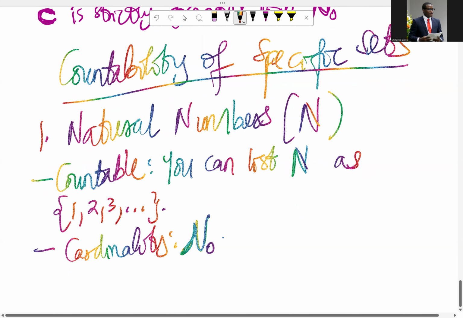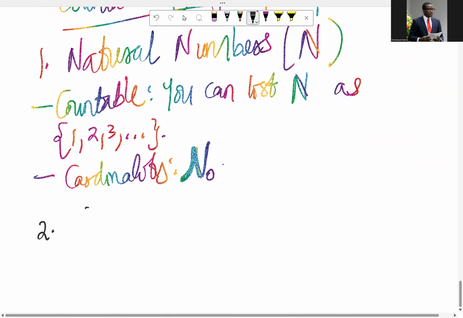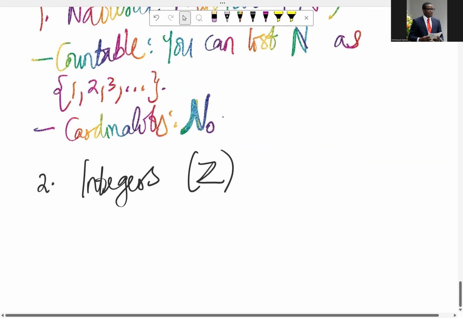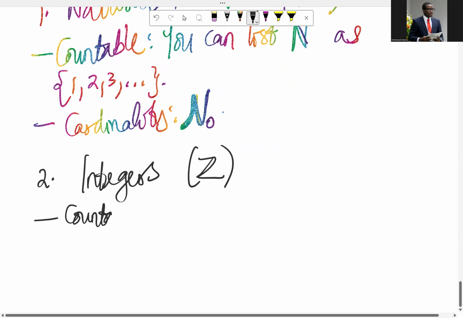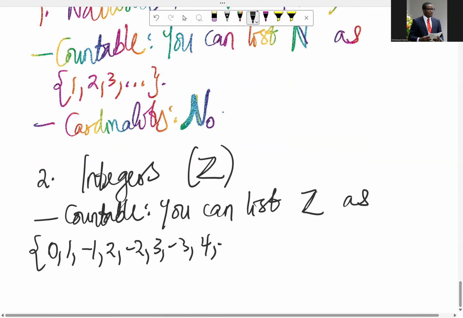So the cardinality is aleph null. Two, let's talk about integers, with a special symbol. Again, this is countable. You can list the set of integers as 0, 1, -1, 2, -2, 3, -3, 4, -4, 5, -5, and so on and so forth.